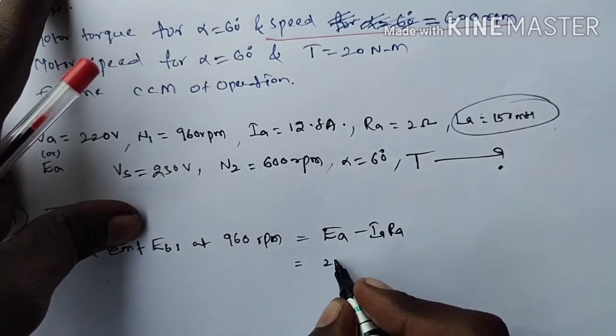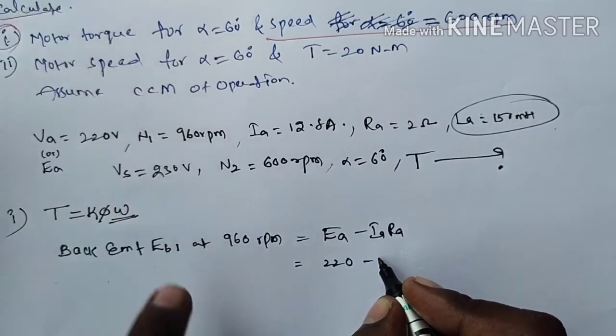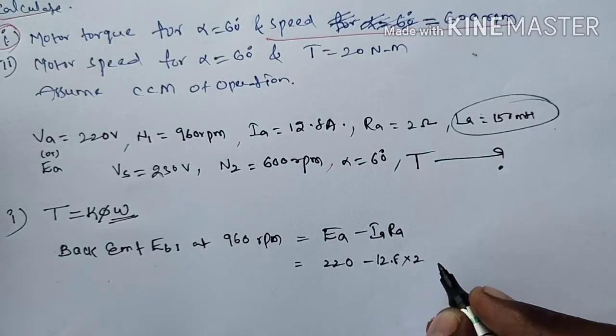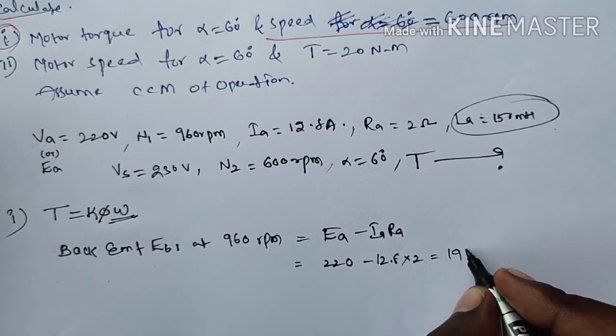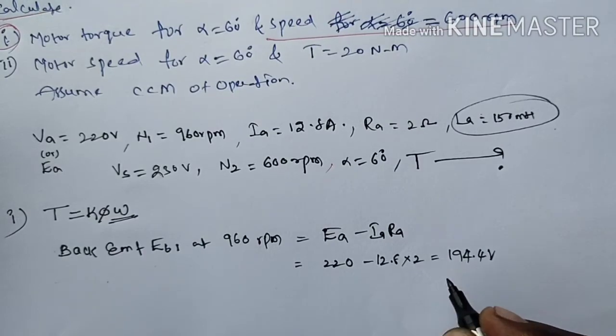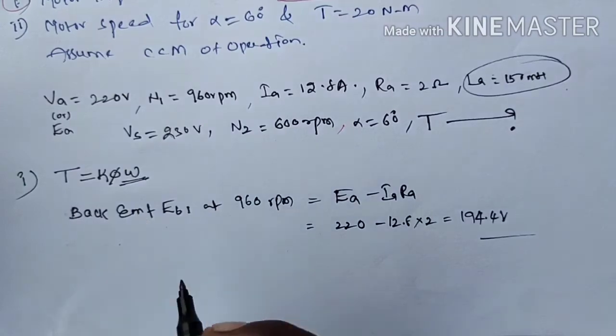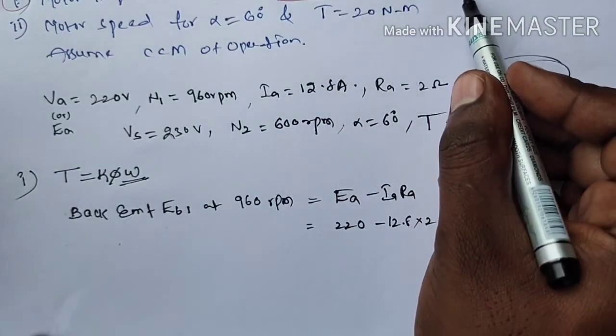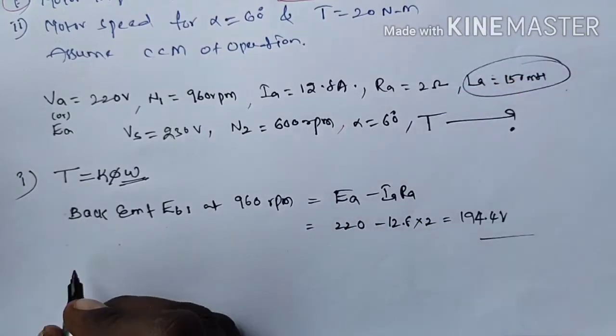What is the EA value? EA value is given as 220 minus 12.8 into RA value, which is 2 ohms. Then the answer is 194.4 volts. Now let us calculate the EB2 value at 600 rpm. They are asking us to calculate at 600 rpm.